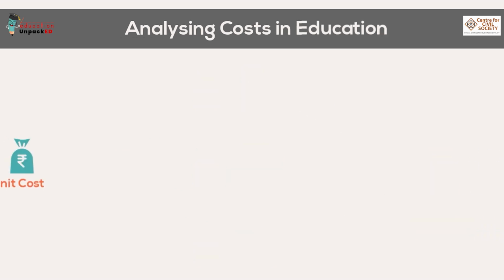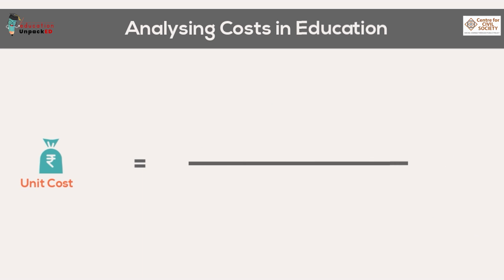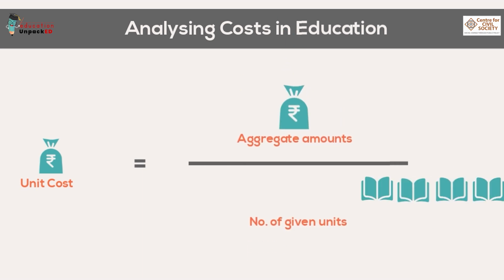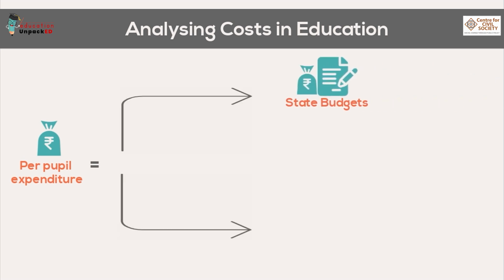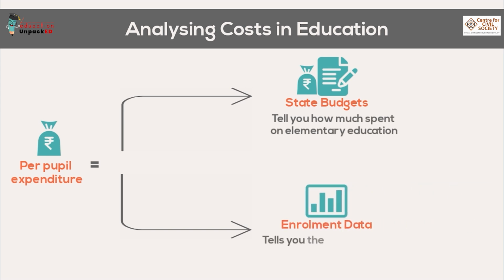One way of getting the unit costs is to divide the aggregate amount by the number of given units. Per pupil expenditures are usually calculated this way. State budgets tell you how much is being spent on elementary education, and enrollment data tells you the number of children in schools in that state.